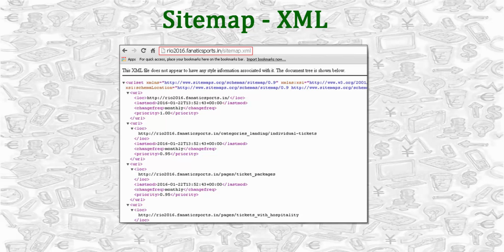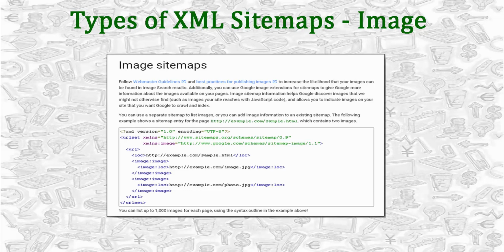There are a lot of XML sitemaps that you can create and configure and submit to Google. The first XML sitemap that we discussed here is only about your main page URLs. The image sitemap will consist of images present in your website.